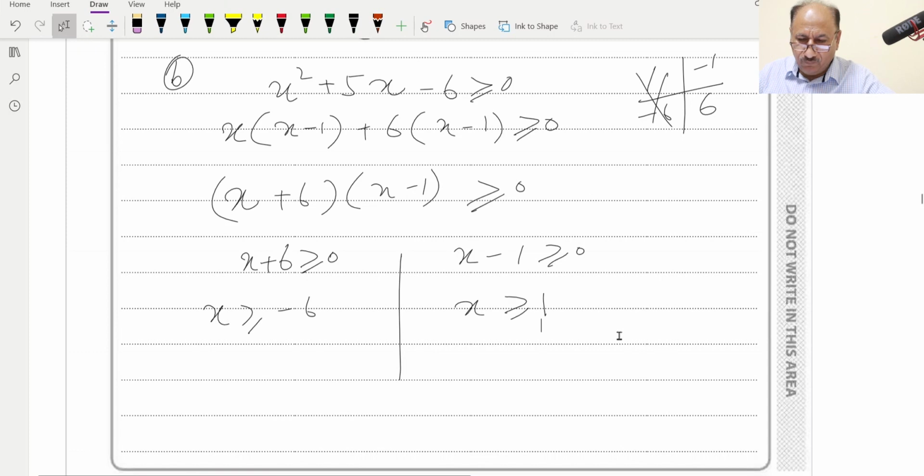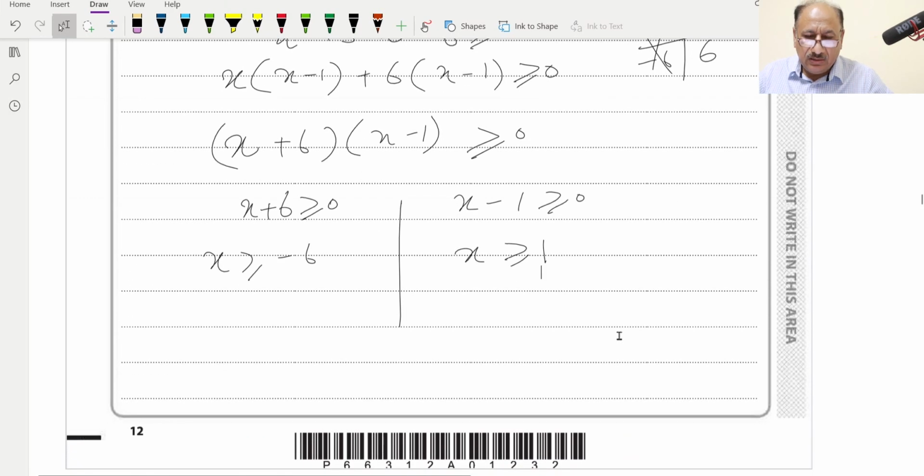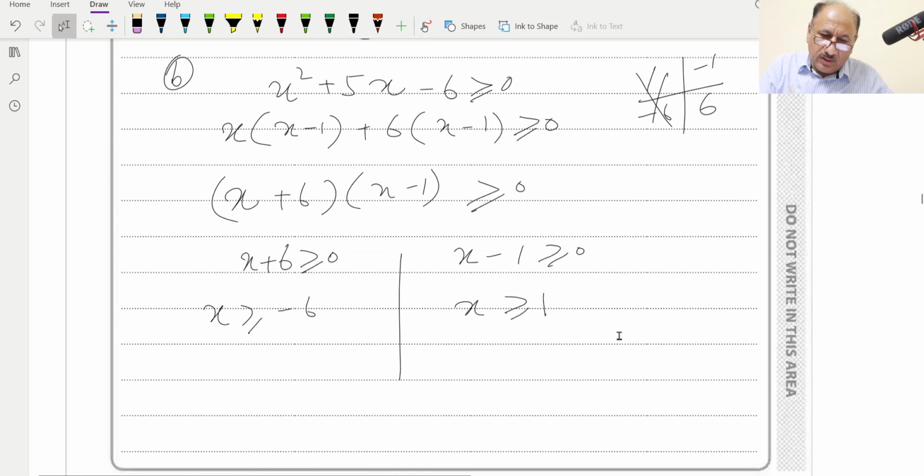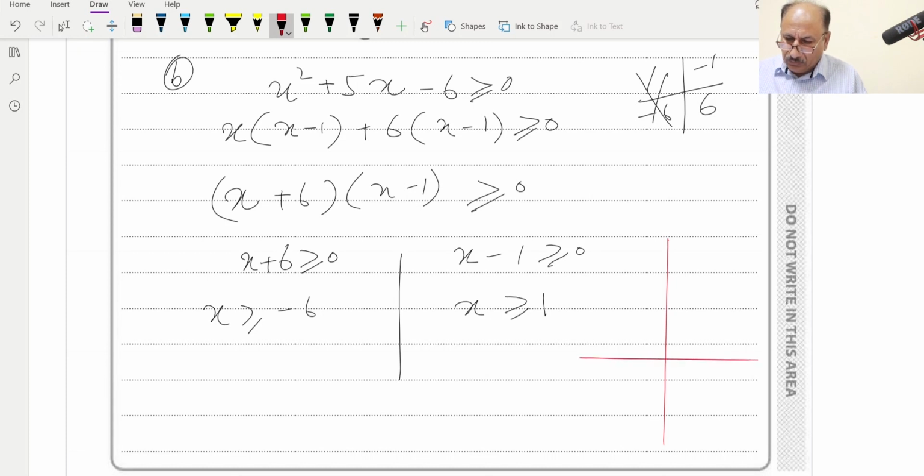Now we have to show this in inequality form. We can confirm this. You know, this is a quadratic graph, so we can quickly check this graph also. This will be the situation, for example over here, if I'm just adding a coordinate axis, then this will be the origin, and zeros are -6 and plus 1.